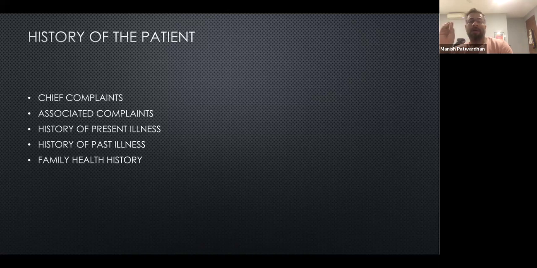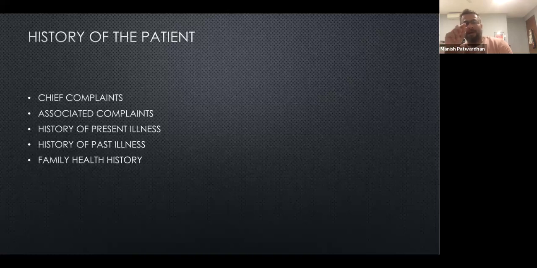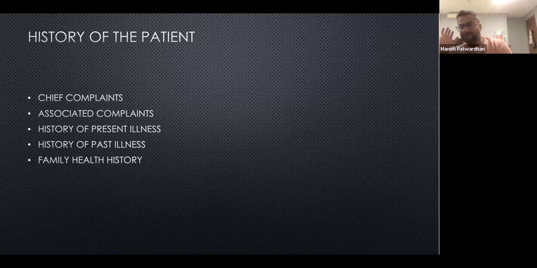You remember, write down. Then the next thing is history of the present illness. So what I do usually is, I don't have these as separate columns, or I don't ask the person to write down history of present illness or history of past illness. I only ask them to write down chief complaints, associated complaints, and family health history.